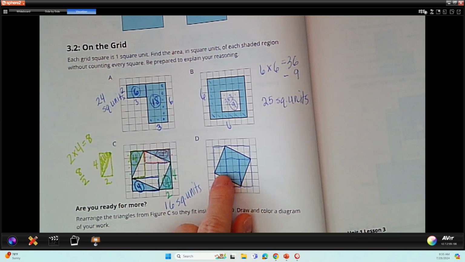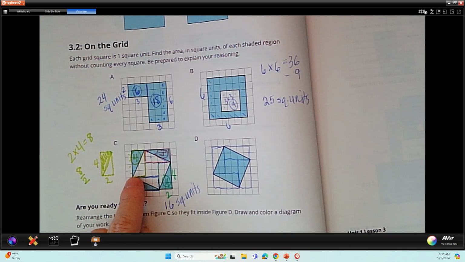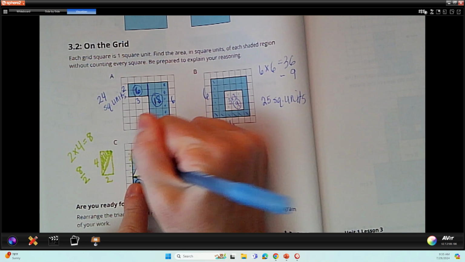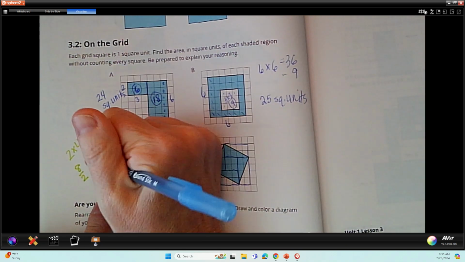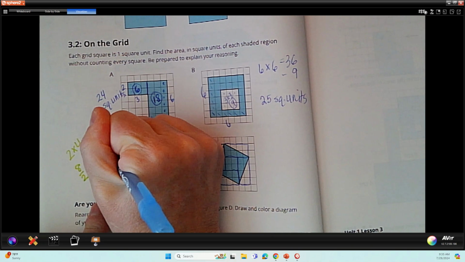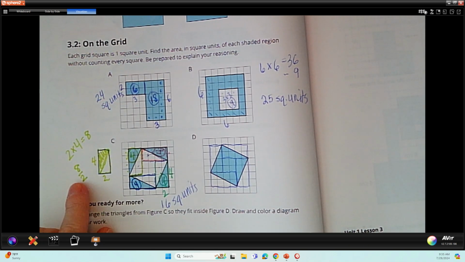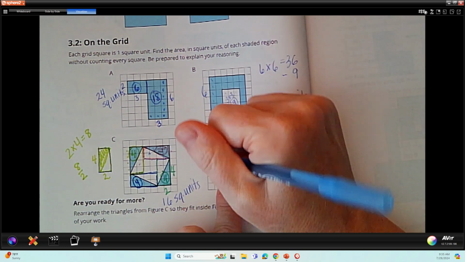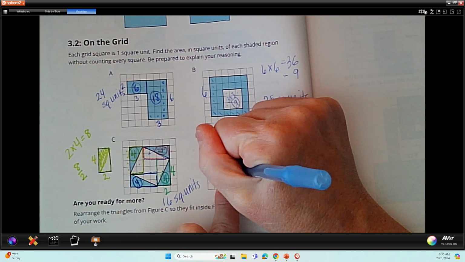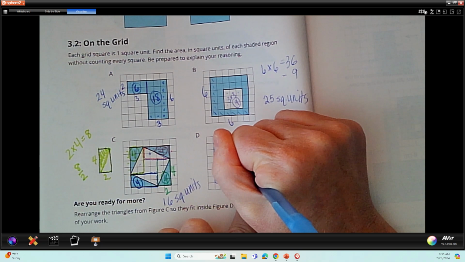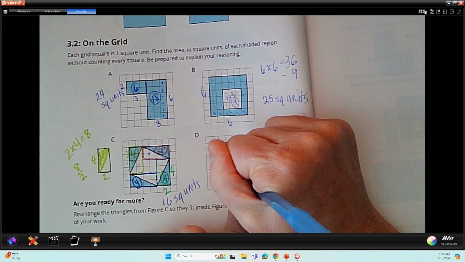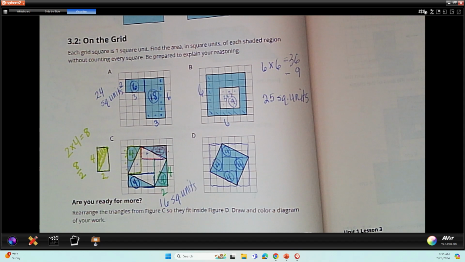And we already figured out that each one of these is 4, right? This is 4, this one's 4, this is 4, this is 4. Because if the whole rectangle is 8, half of 8 is 4. So I know that there's 4 inside, there's 4 here, there's 4 here, and there's 4 here because it's the other half of the rectangle.